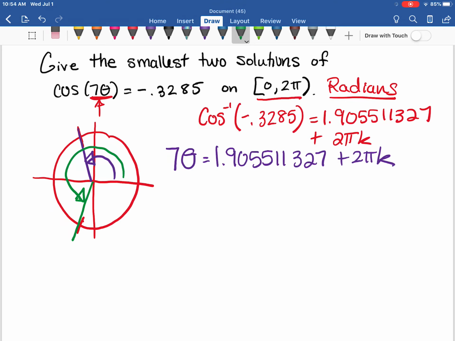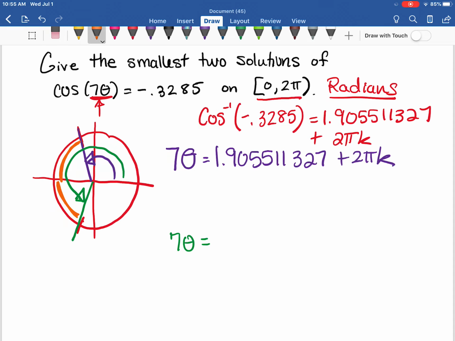Now I need to find my angle in green. So I need to find the difference between pi and my purple angle, which would be this that I just highlighted in orange. And then I'm going to add that to pi this way so I can find out how far open that green angle is.